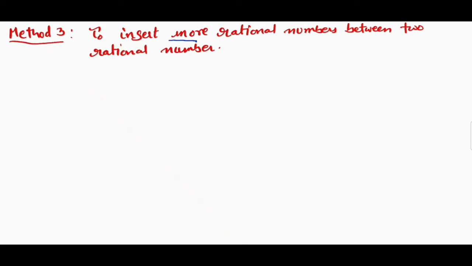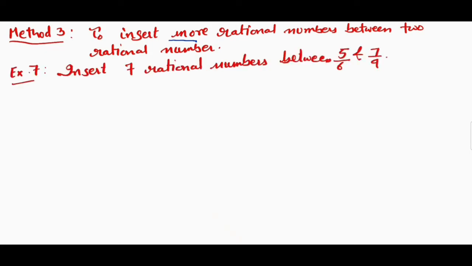Suppose we have to insert 5 rational numbers, 6 rational numbers, 7 rational numbers, then we will use this method. So for that I will take one example. This example says insert 7 rational numbers between 5/6 and 7/9.